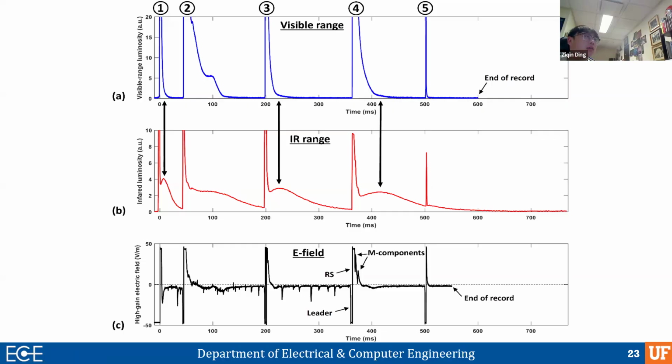It's intuitive to think that the infrared persists during the interstroke interval because as long as the return stroke channel is still hot or at an elevated temperature, it will stay there emitting infrared emissions. But what is that hump?